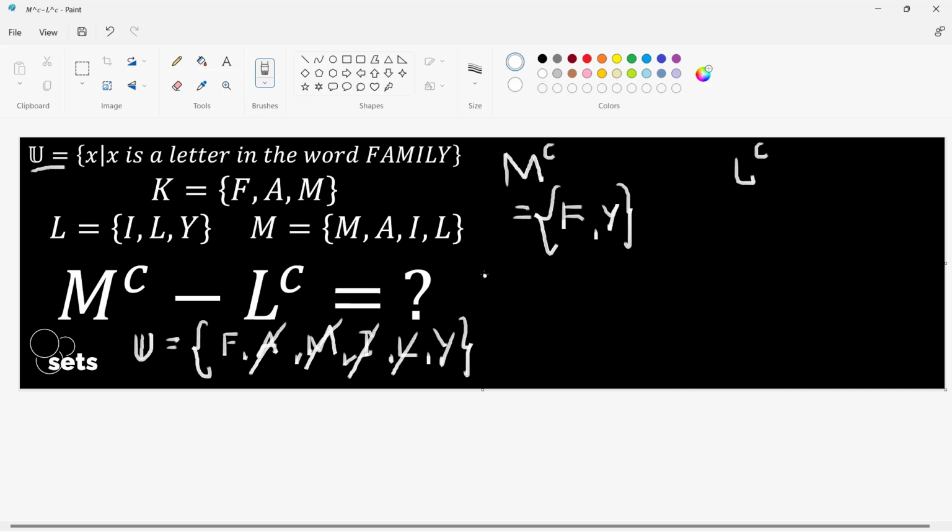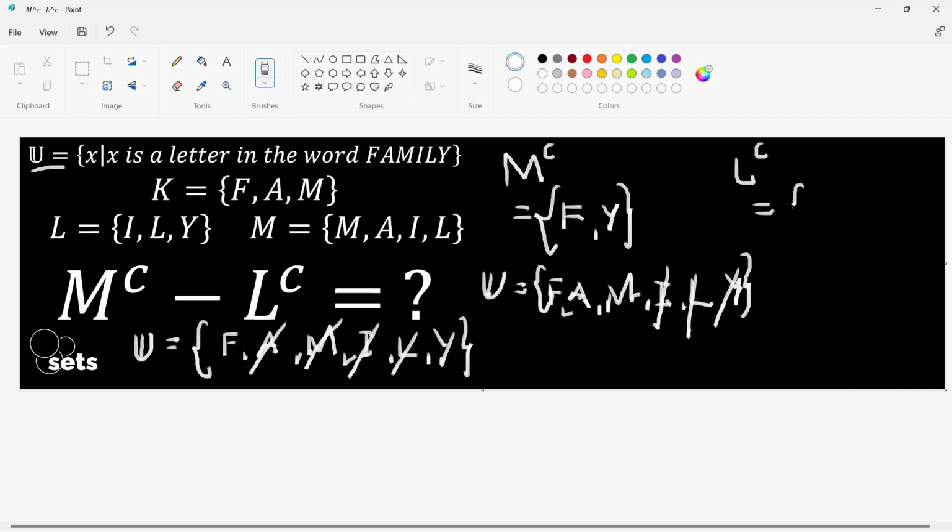Again, we know that the universal set is a set containing the elements F, A, M, I, L, and then Y. In order for us to get the complement of L, we are going to remove from this universal set the elements that are found in L. That actually includes I, L, and Y.